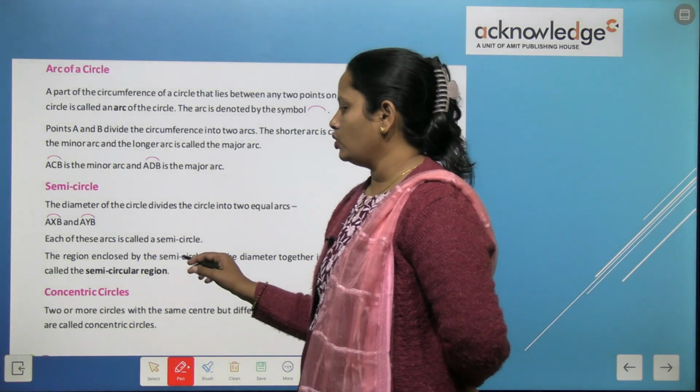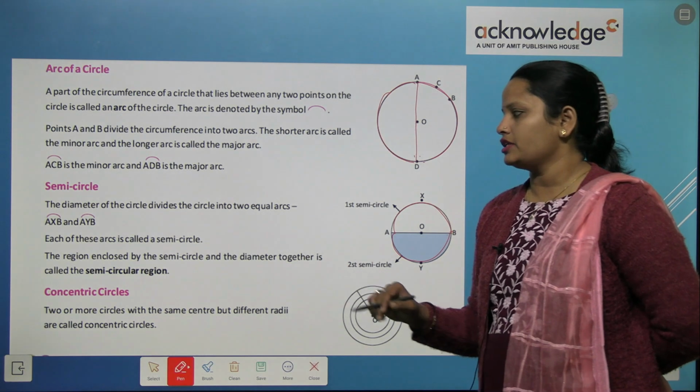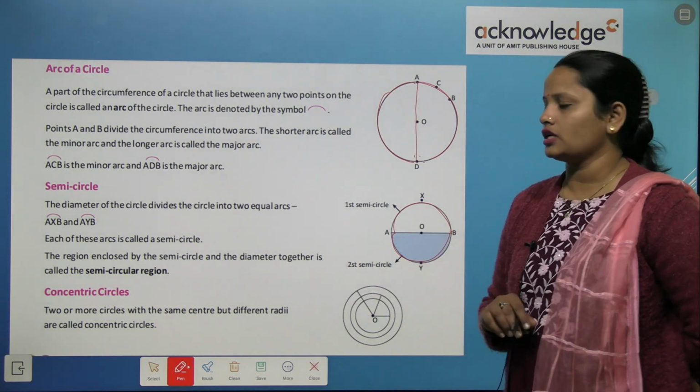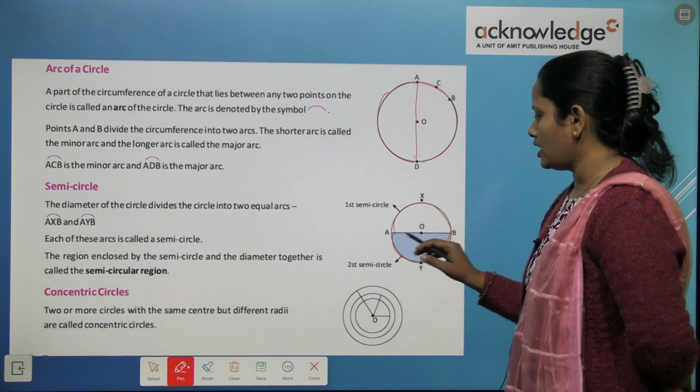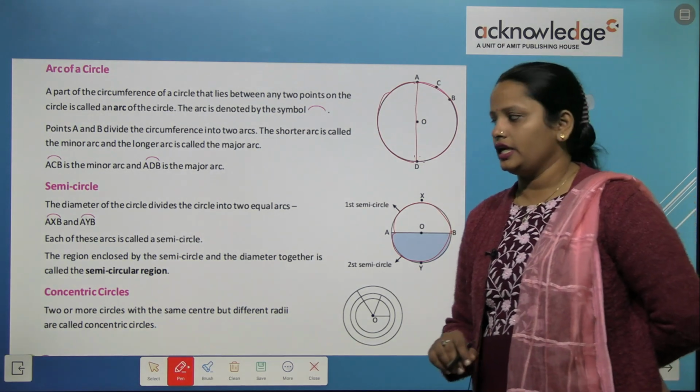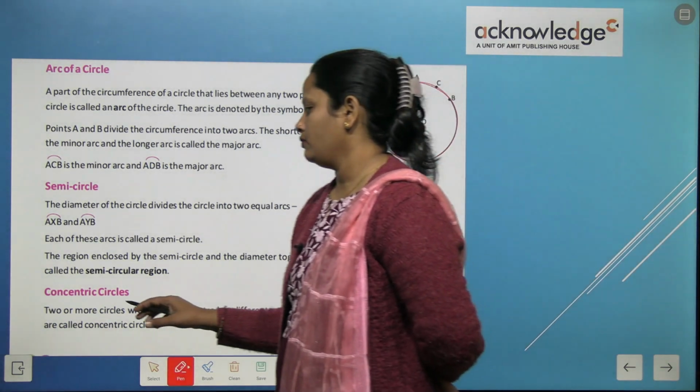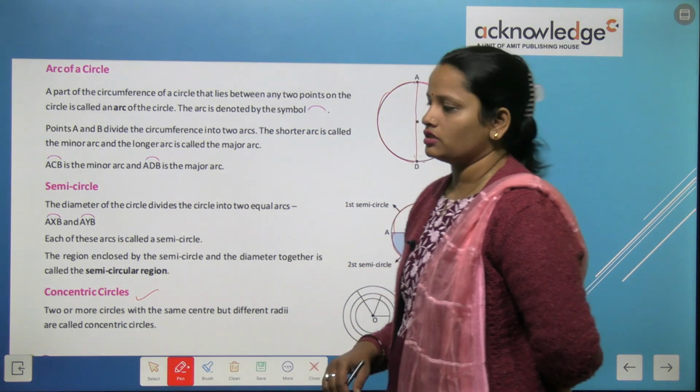The region enclosed by the semicircle and the diameter together is called a semicircular region. And this area is what we also call the semicircular area or region.